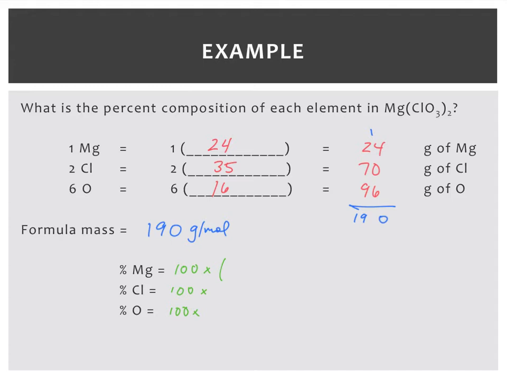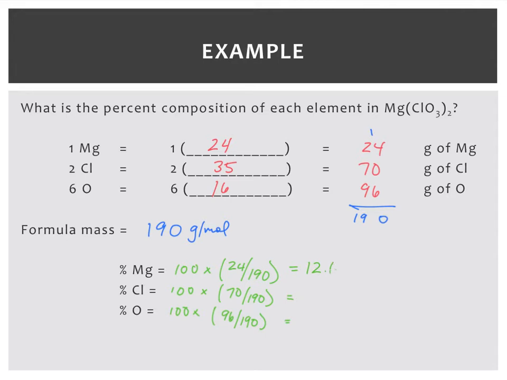Okay, magnesium, we're going to take 24 and divide, which is the mass of the part, over the mass of the whole, 190. For chlorine, it's 70 divided by 190. And for oxygen, 96 over 190 equals, okay. I highly suggest you round to the nearest tenth.